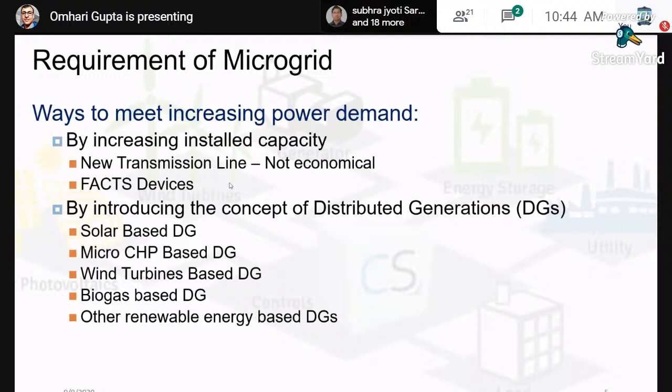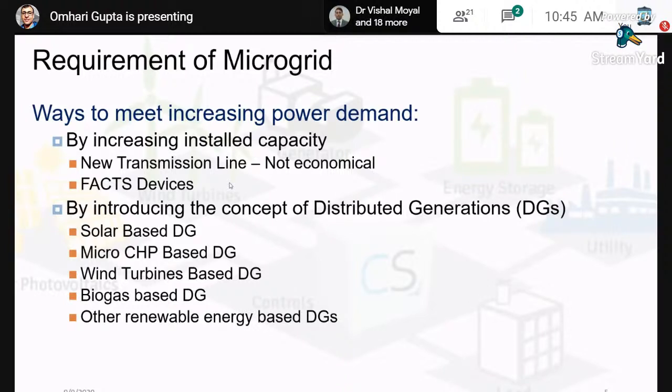Those renewable power generations mainly can be solar based DGs. You just convert sunlight into an electric power. Micro CHP based DG, what micro CHP is, this combined heat and power will actually enhance the efficiency of conventional thermal power generation. Okay, and then there is wind turbine based DGs.